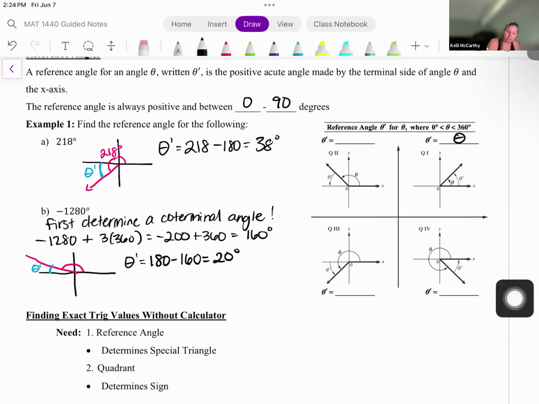If you're in quadrant 2, to find that reference angle, just like the example B we just did, we're going to take 180 and subtract theta. If that terminal side is in quadrant 3, we're going to take theta and subtract 180. That's similar to what we did in example A. And if we're in quadrant 4, we're going to take 360 degrees and subtract theta to find our reference angle.